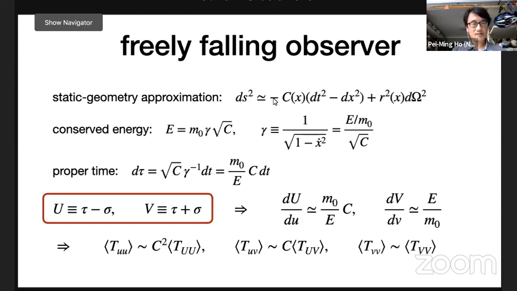Since there is a translation symmetry in time, you have a conserved energy, and then it's easy to write down the proper time for the freely falling observer in this way.